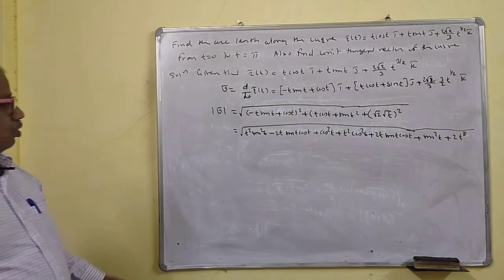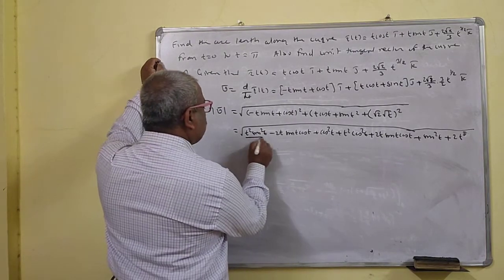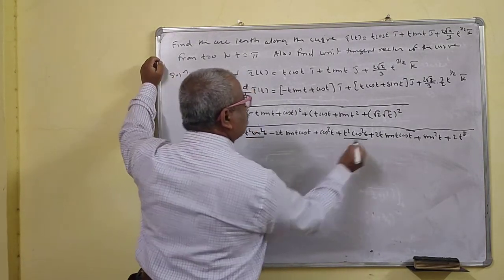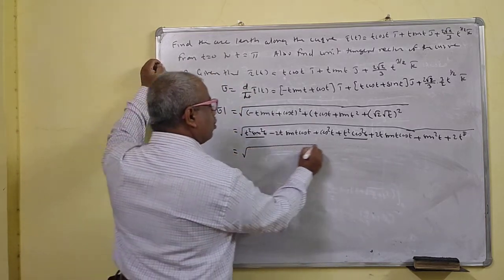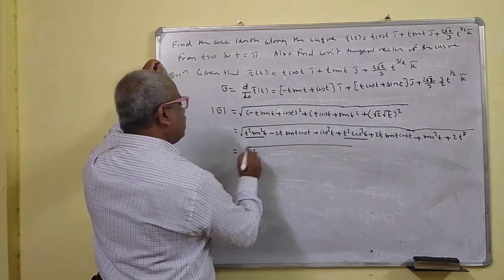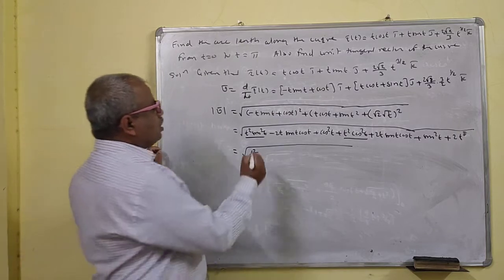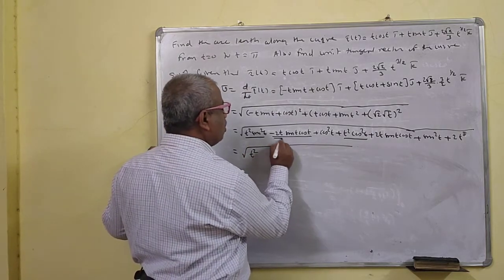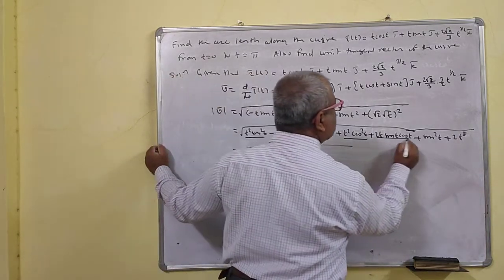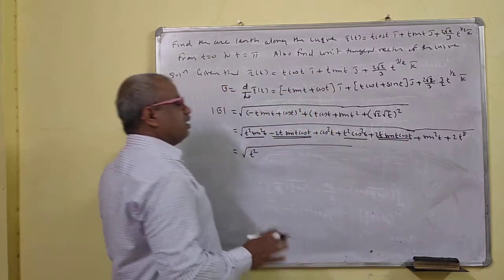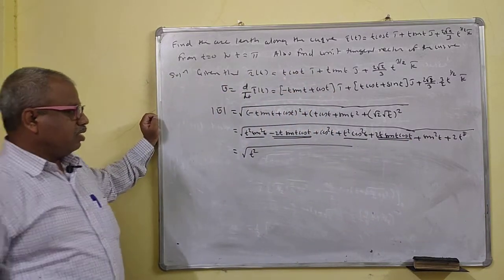Now see here, t square sin square t and t square cos square t give only t square. Minus 2t sin t cos t and plus 2t sin t cos t cancel.